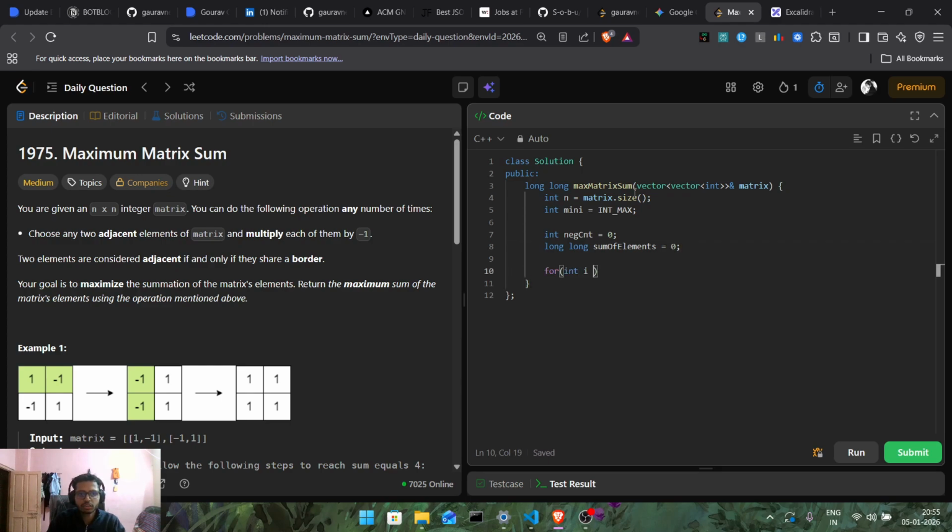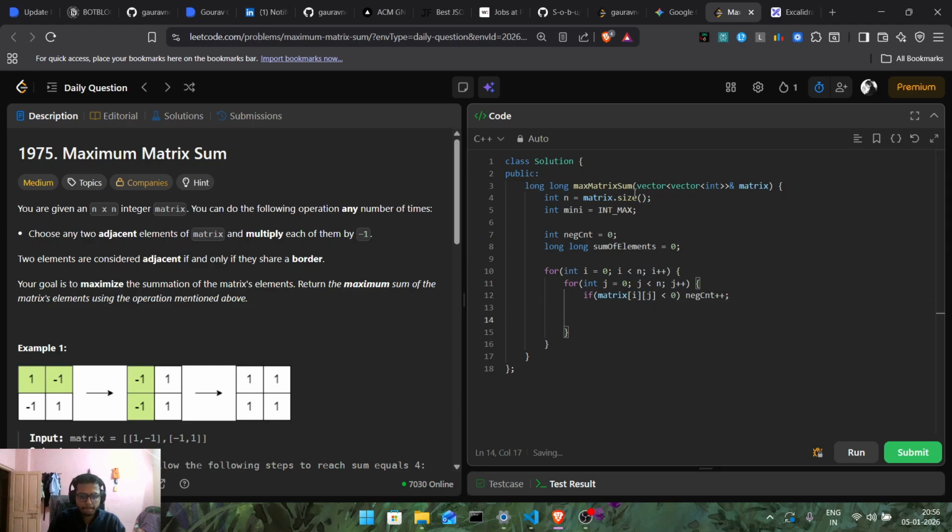Now, let's traverse the matrix. I guess all are familiar with matrix traversal. We will need two loops. If matrix of i, j is less than 0, that means it's negative, then we increase the negative count.